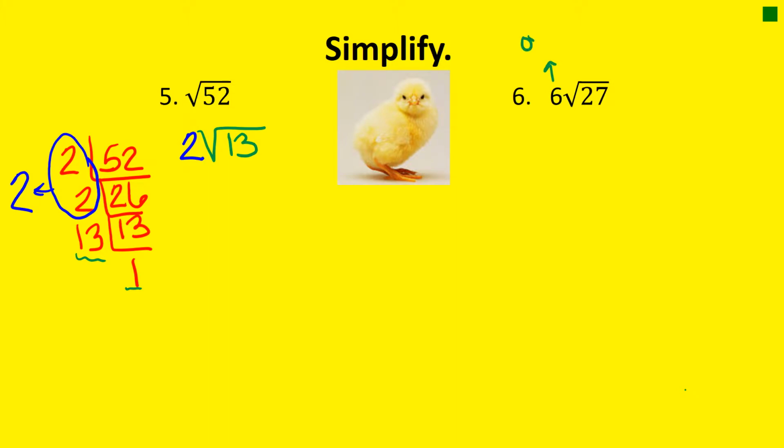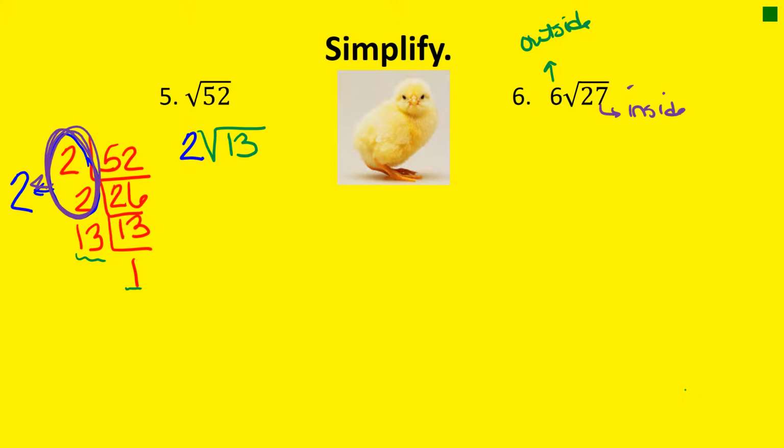Okay, see this guy? We have stuff outside, and we have stuff inside. So here's what's happening. The square root is kind of like a jail cell, okay? You can't get out until you're perfect. So just like here, I had a pair of perfect 2's, so out came a 2. You have to be perfect to make it out.